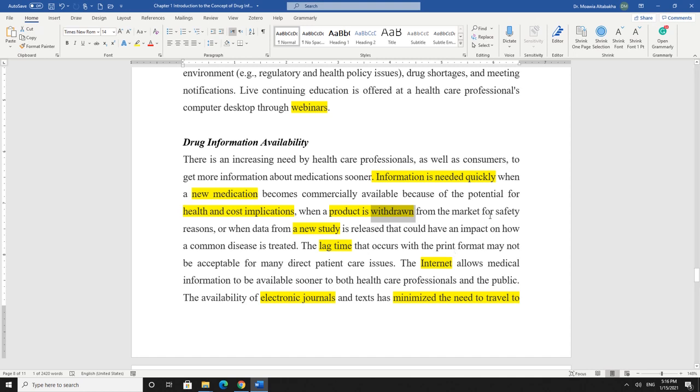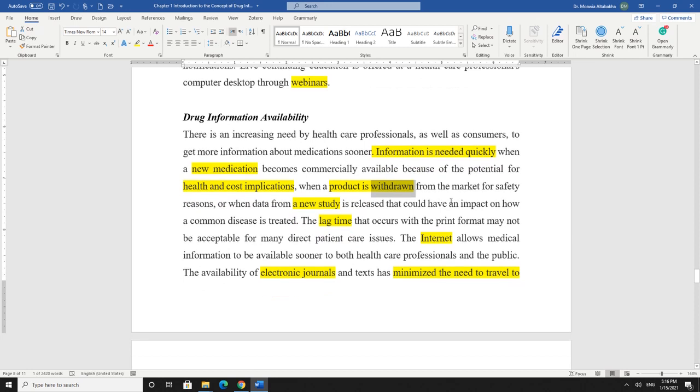Also, if there is a new study indicating that I should not use a certain medication, I should not use it, so I need to access such a new study. So how do we access it? A long time ago, we used to access these resources by traveling to the library and then opening the textbook or the journal and reading it. And what is the problem?